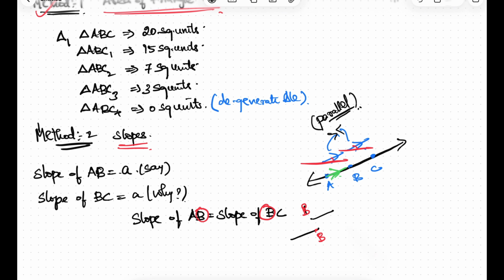So it means that AB and BC are parallel to each other, and B is a common point which brings both line segments together, and thus we can say that A, B, C are collinear. This is another way to prove that the 3 points are collinear.